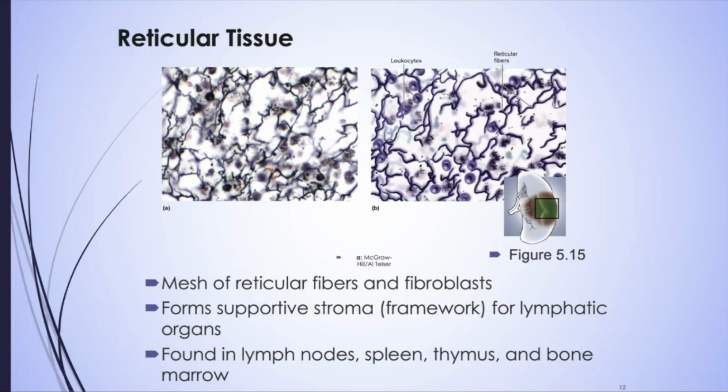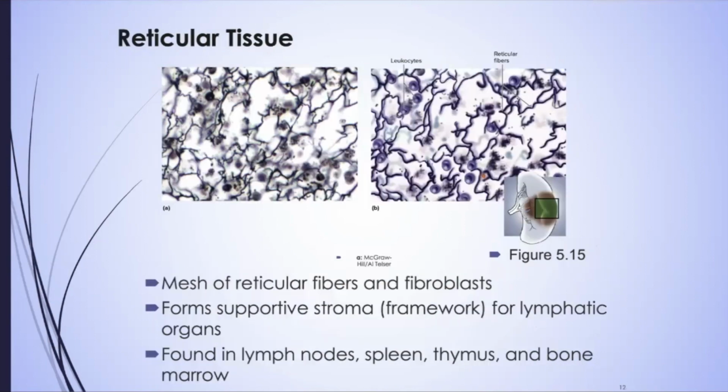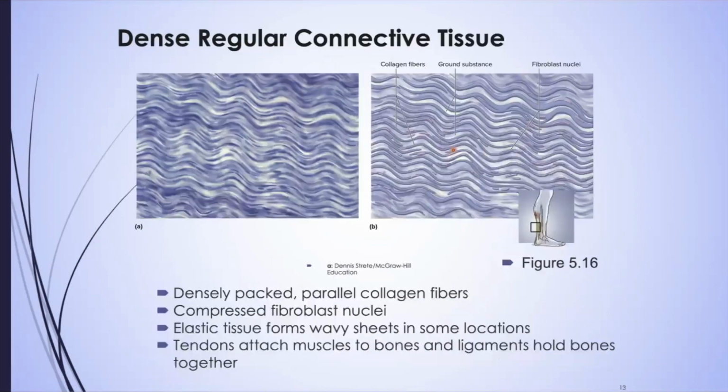So this is pretty distinguishable between that and the areolar. If you remember, the areolar is going to possess all 6 cell types and fiber types. So boom, this one is just mainly the reticular and then the fibroblast, and that one's throwing in leukocytes too.